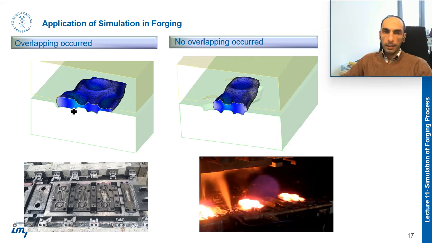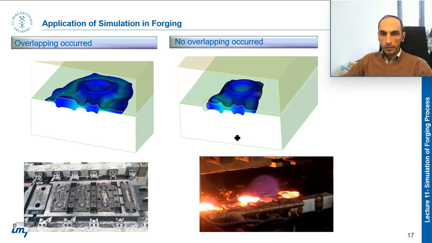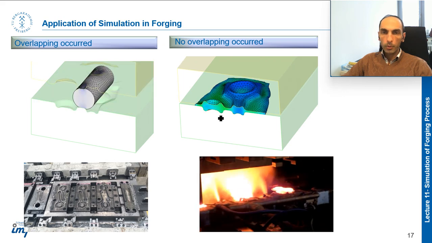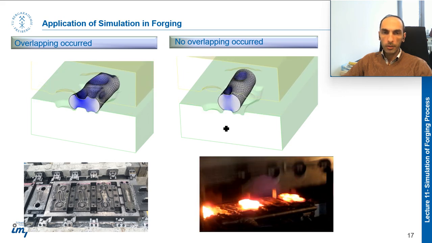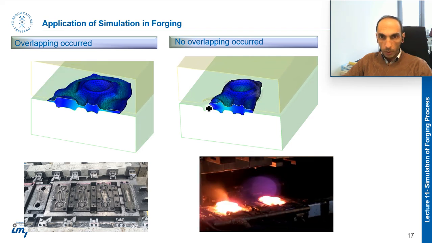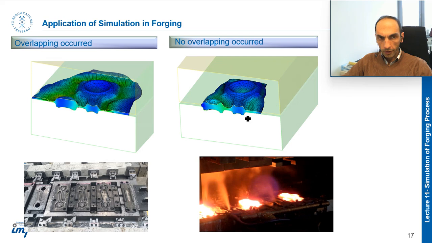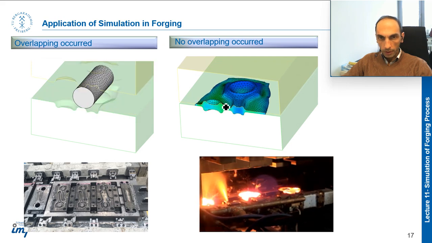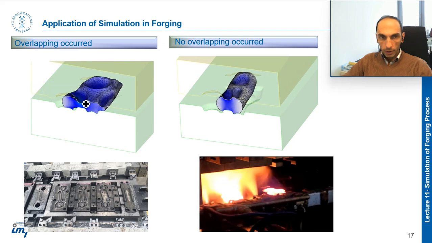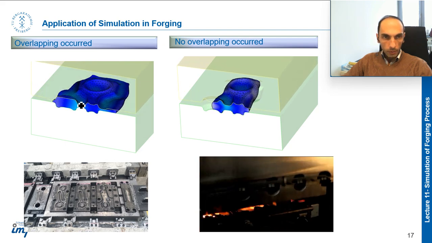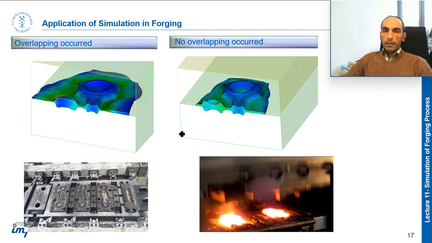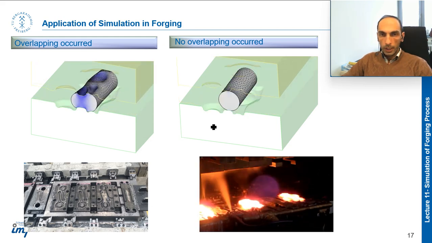And this animation is showing how this problem is removed. If you compare the die design here with the die design here, you can find some differences. For example, here, compared with this one, which is flat, no overlapping happens here.